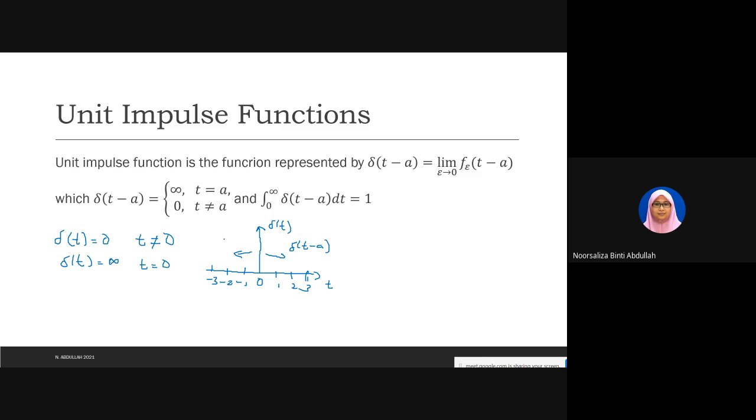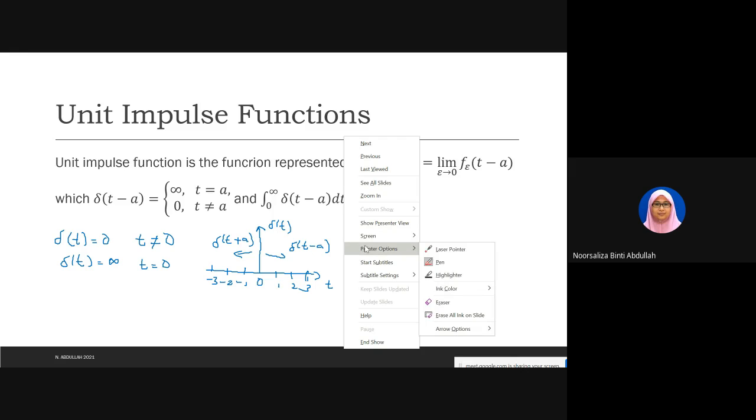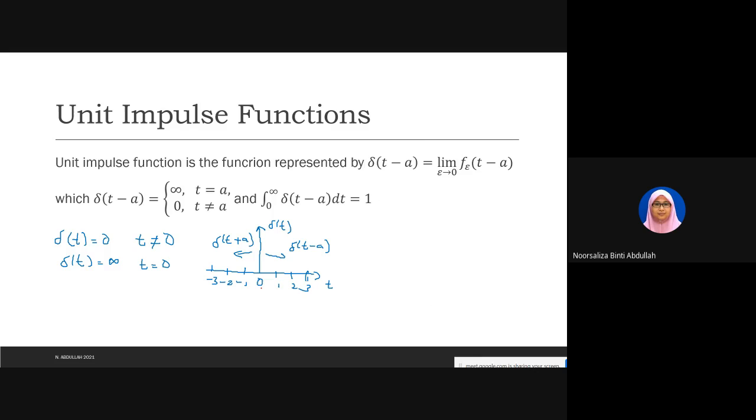If you shift to the left, delta t plus a. Saya gantikan a ni dengan 2. So this one will shift to here, and this one is delta t minus 2, and this one is delta t plus 2.